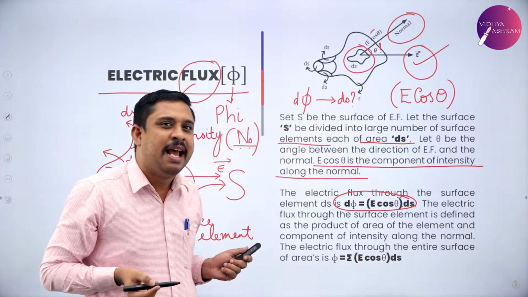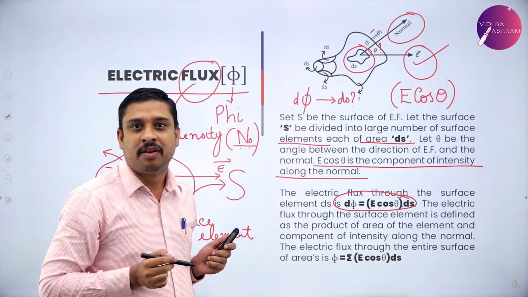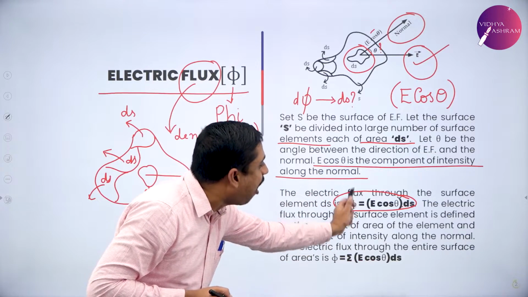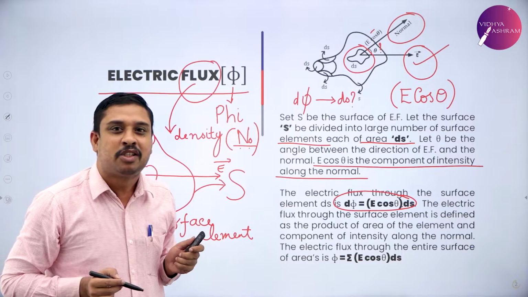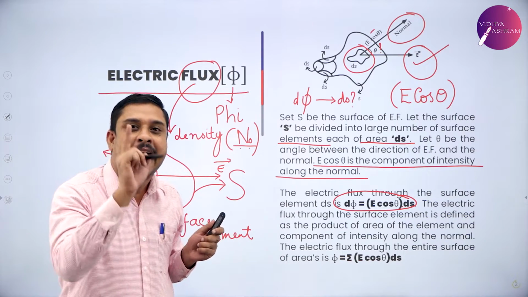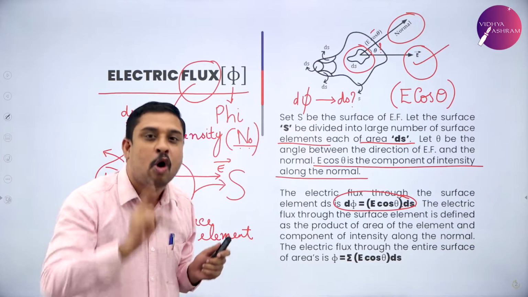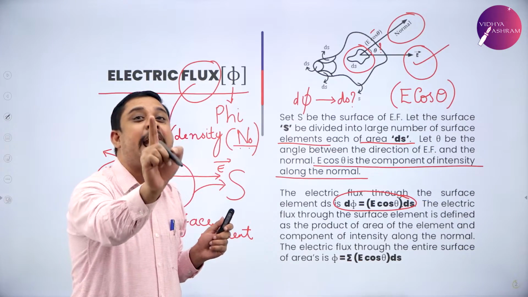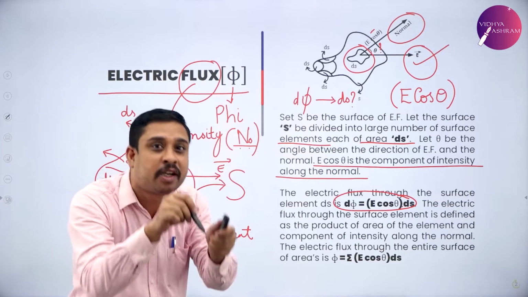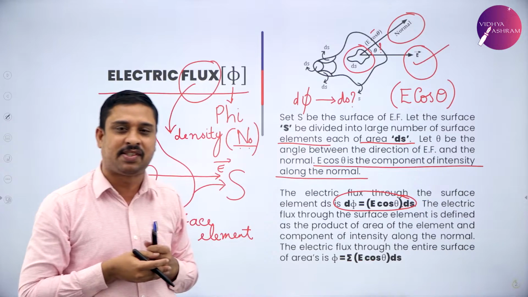So very simple, electric flux is a product of what? E cos theta into ds. So what is E cos theta? Component of electric intensity along the normal. What is ds? Area of the surface element. What is its product called? That itself is called electric flux.